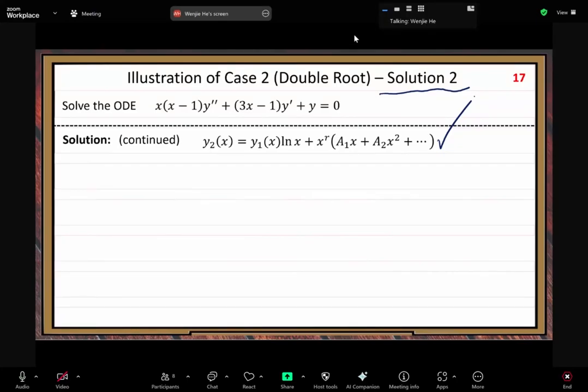Although you can plug in and do the calculation, it could be very complicated. But our textbook uses one simple way to get around direct calculation. So here I talk about that. Remember, we learned the method before. Here we have a second order ODE, right?